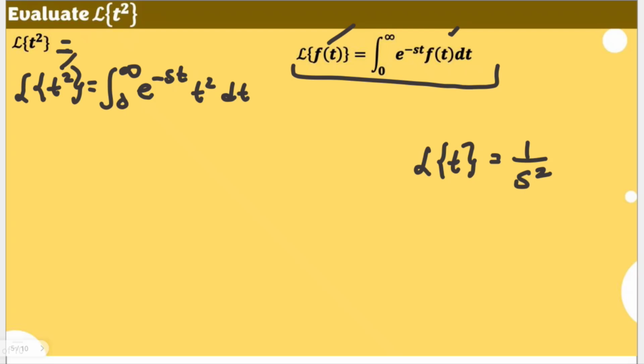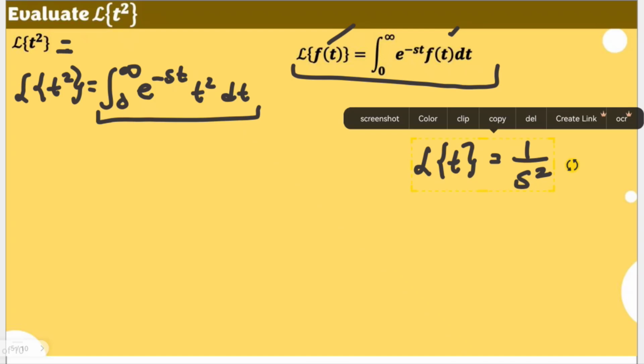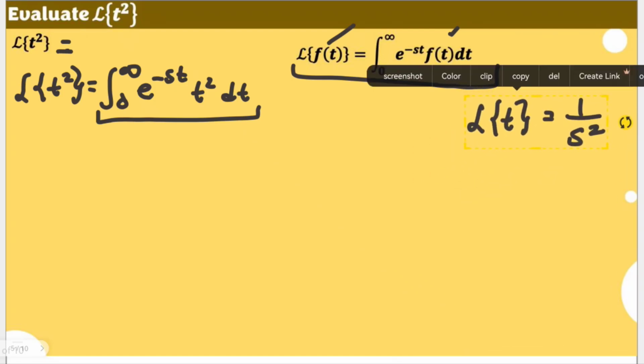Same here, okay? So with that, you could come up with an integral that cannot be integrated by a simpler example, so we are going to use integration by parts. Let me move this because this will be used later in the process.